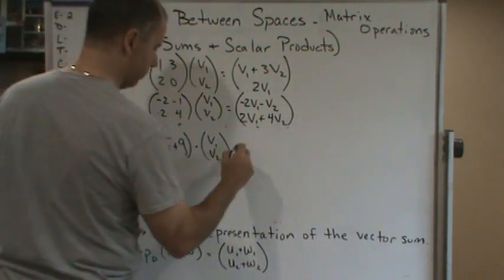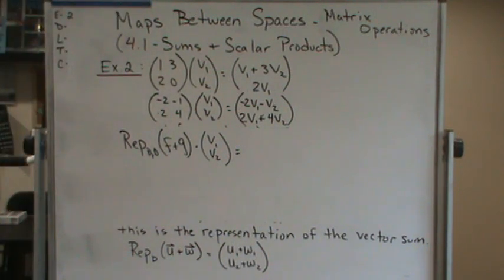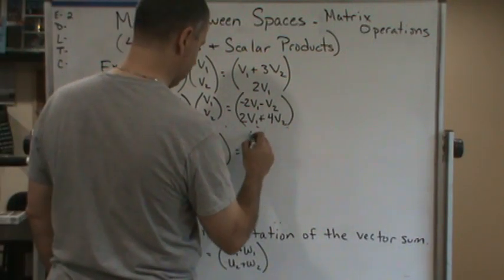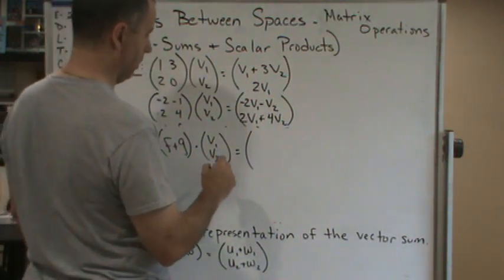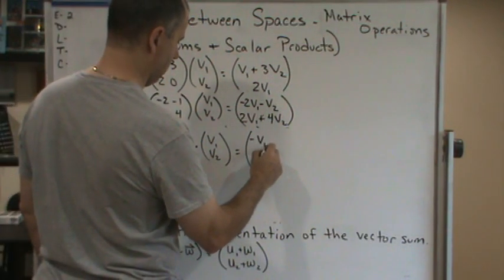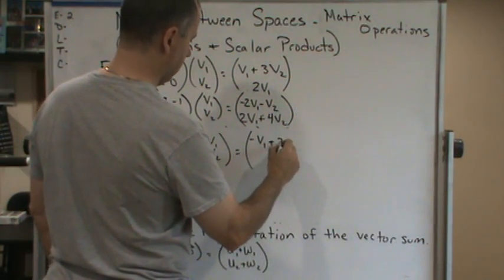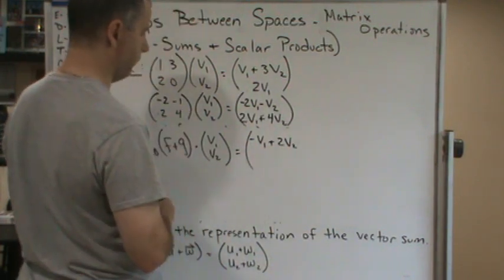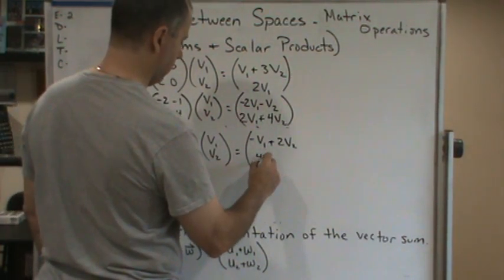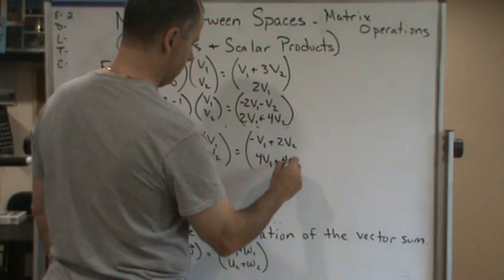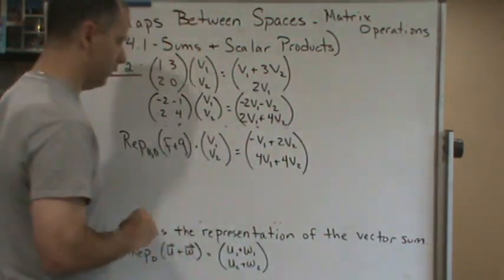So here, now what we're going to do is add these. So what do we get? We get negative v1 plus 2v2, and we get 4v1 plus 4v2.